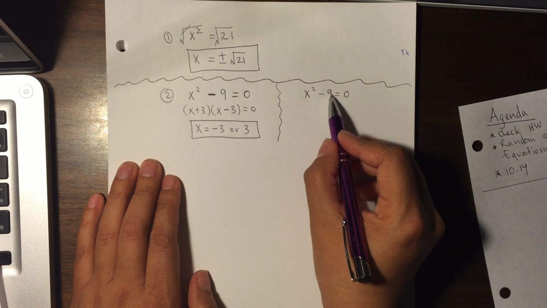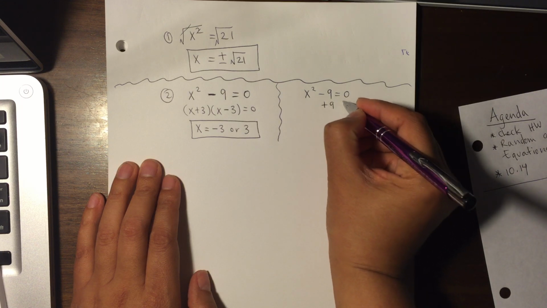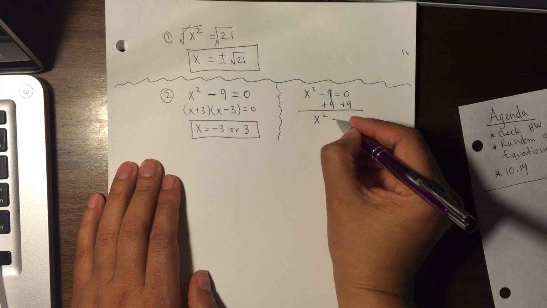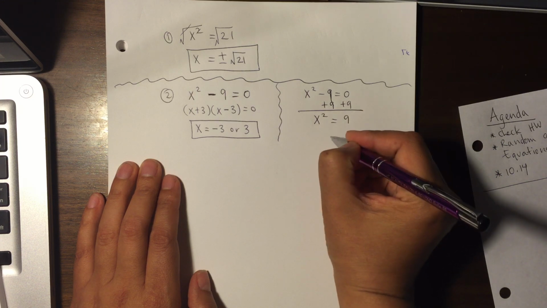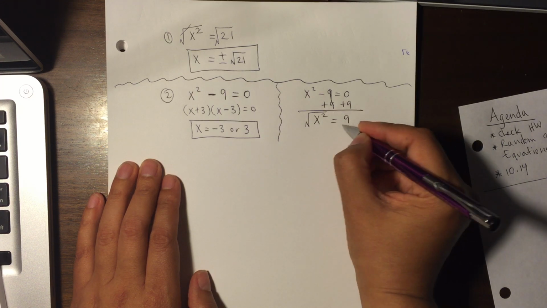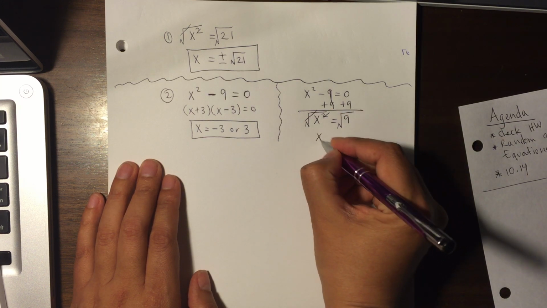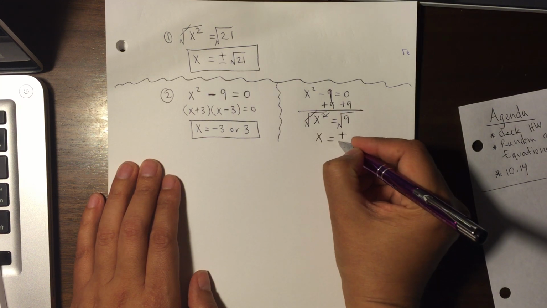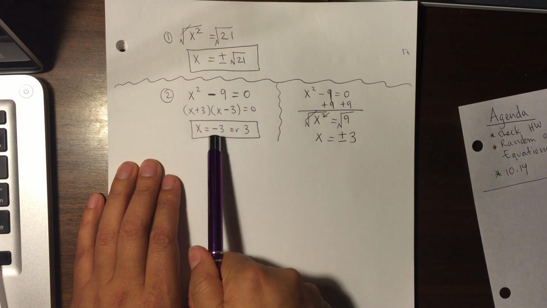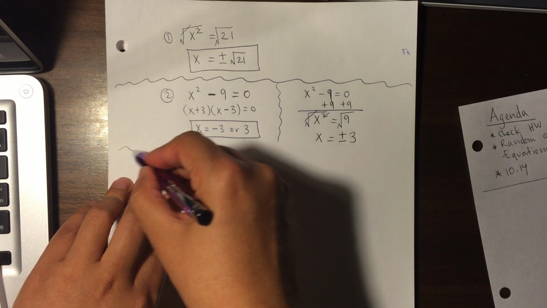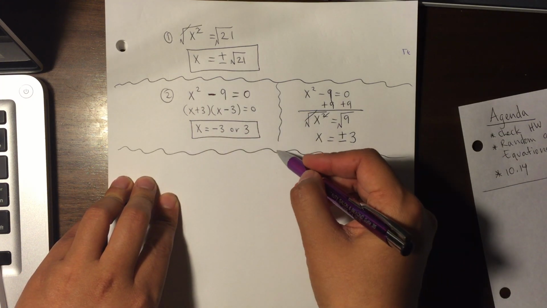How? If we're subtracting 9, we're going to add 9 to both sides. And so x squared is equal to 9. We take the square root of both sides. And so x is equal to plus or minus 3, which is both of those answers, right? So these two are fairly simple.